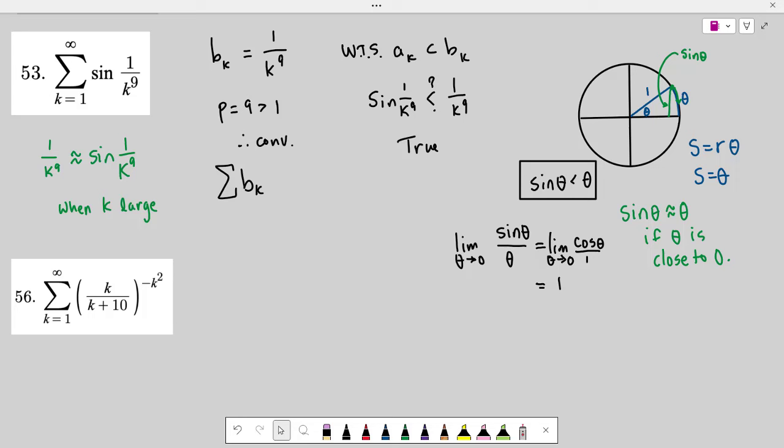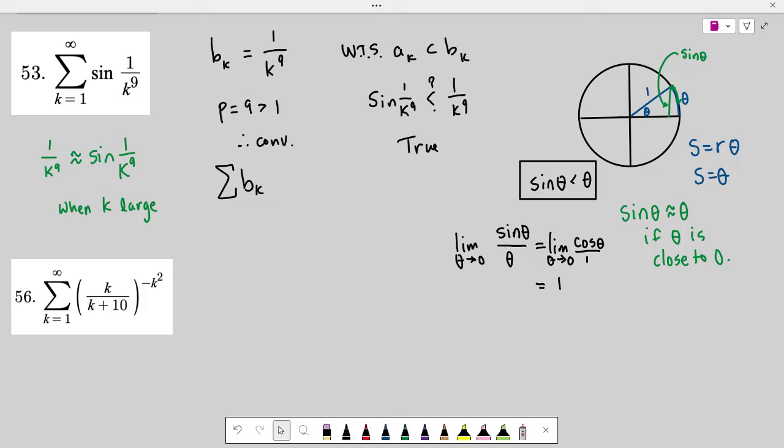That's a good point. But isn't sine always between 0 and 1, so at most it's equal to? Let me think about whether we can interpret sine as being a fraction of that quantity. I've got to think about that. That's a good question. I like that question.